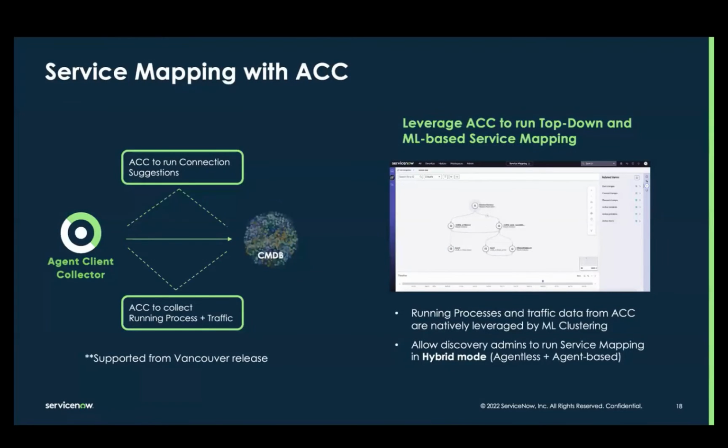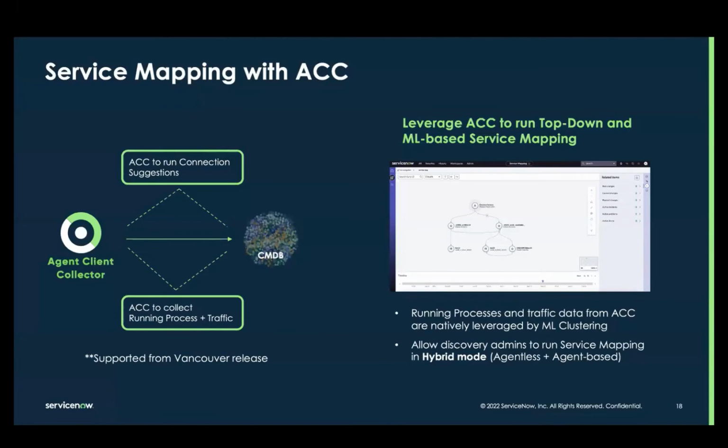And the other part is that you can finally leverage the Agent Client Collector to run both top-down and ML-based service mapping. That's because the Agent Client Collector is collecting running process and traffic data, and is running connection suggestions, so that you can exploit the ML-based service mapping features and the ML-based suggestions.